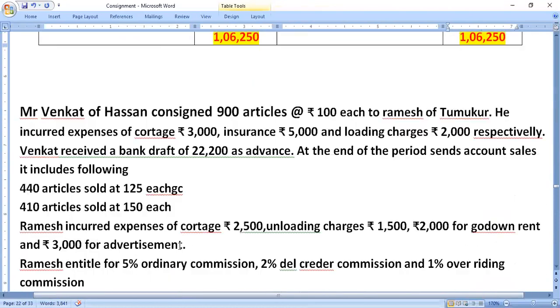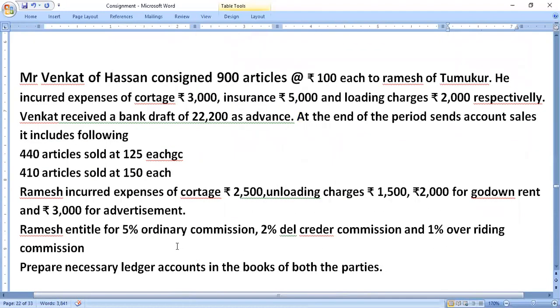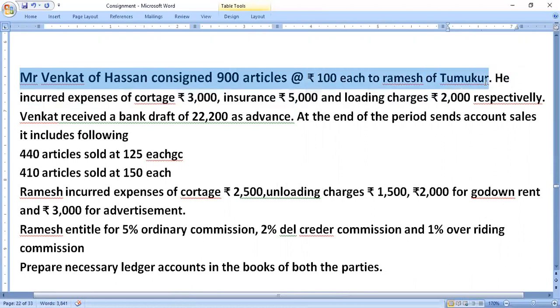My dears, same as this, one more problem we have here. Mr. Venkat of Hassan consigned 900 articles at 100 each to Ramesh of Tumkur.